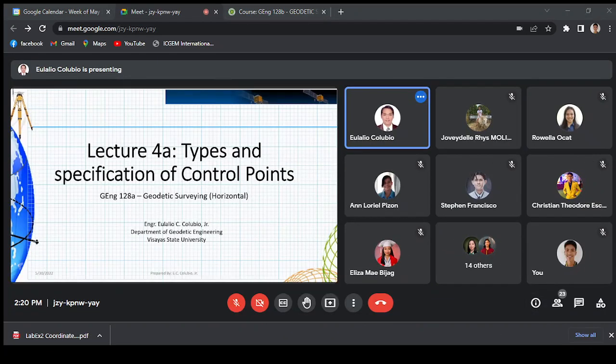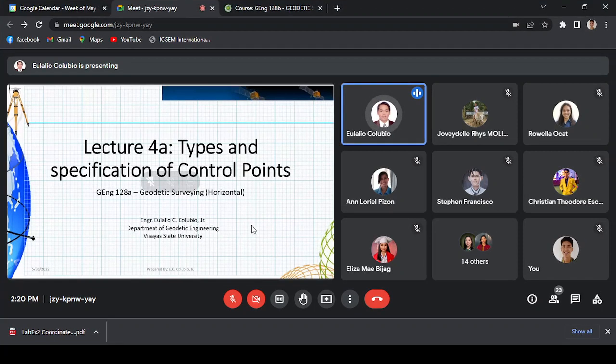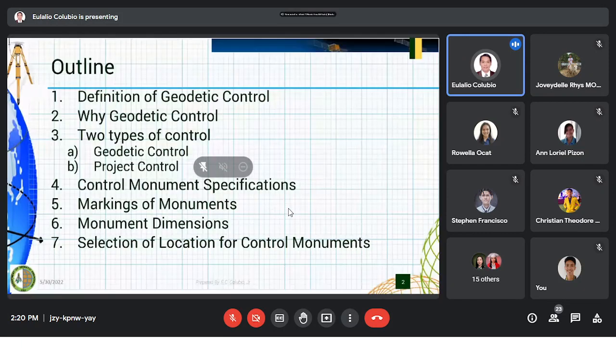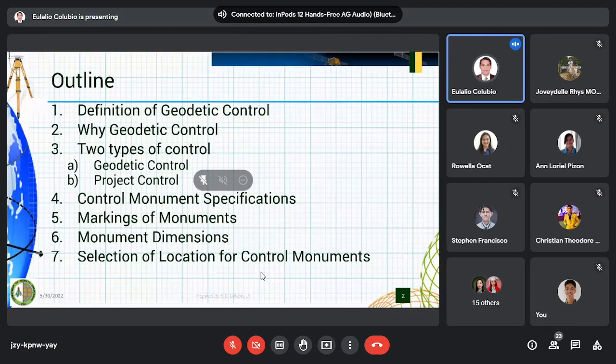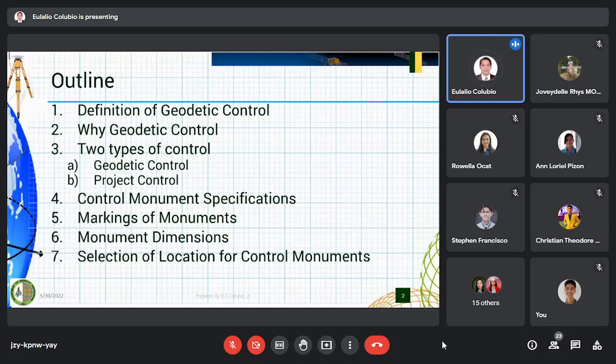Okay. These are the outline. At first, we'll define what is geodetic control and why we are going to use them. Next is to discuss what are the types of geodetic control. And then number 4 is to discuss the specifications of control monuments. So what are the engraved lettering? What are the informations found in the monuments?